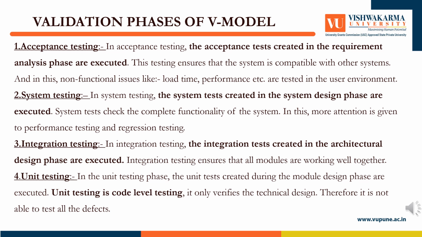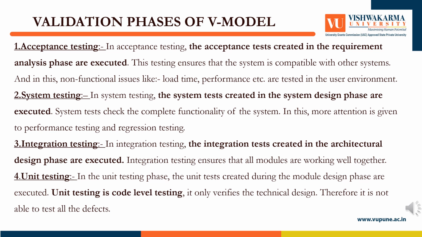In system testing, the system tests created in the system design phase are executed. That means we design the system in the verification phases, and it is tested in system testing. After that, integration testing. The integration tests created in the architectural design phase are executed. Integration testing ensures that all the elements work well together.